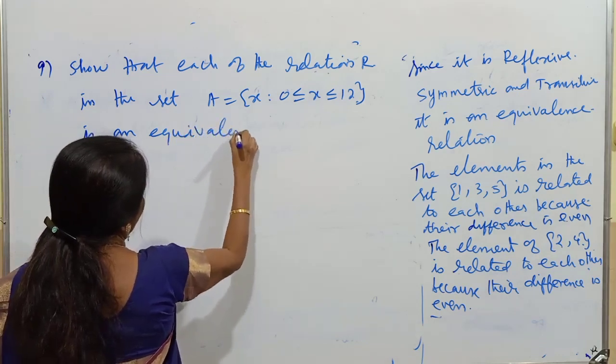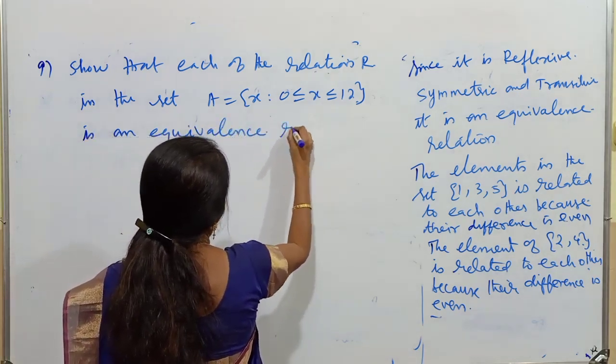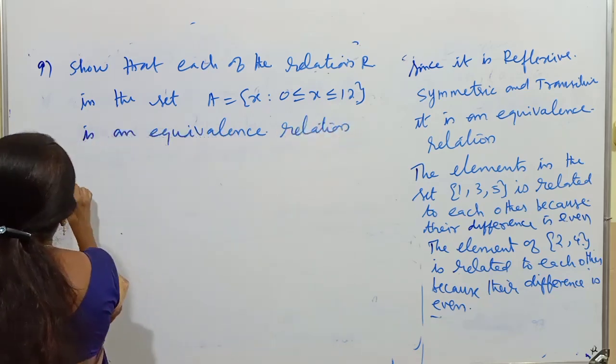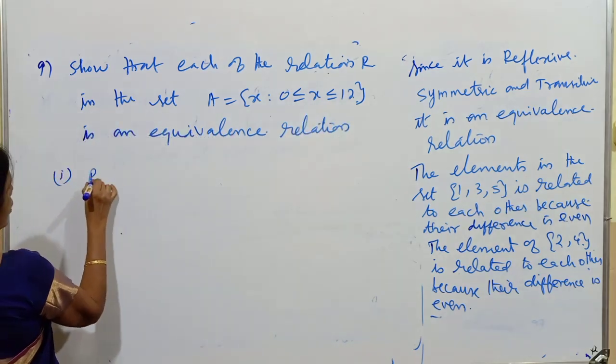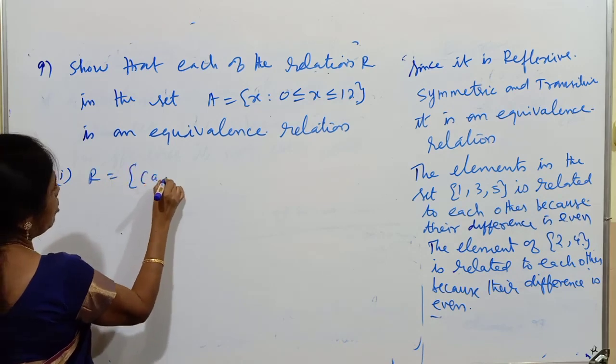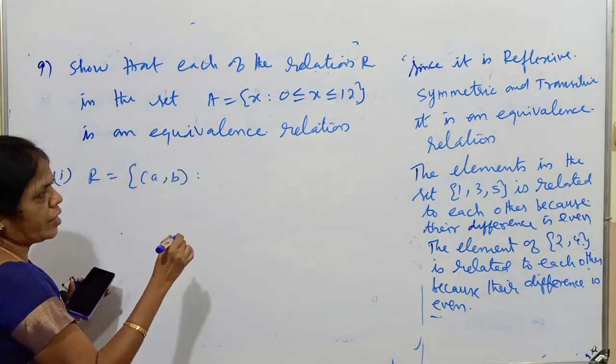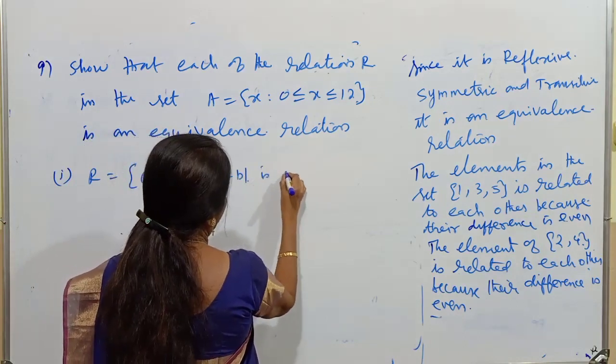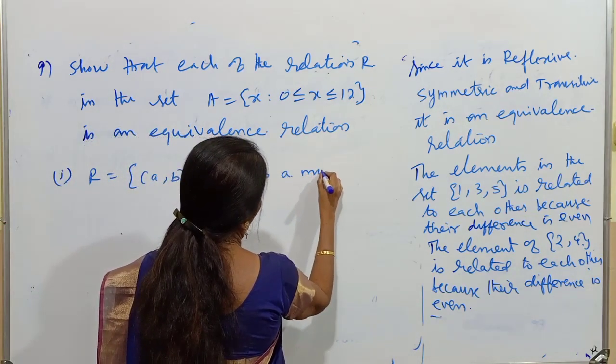Let us write the relations later on. Right. Now listen. R equal to A comma B such that modulus of A minus B is a multiple of 4.